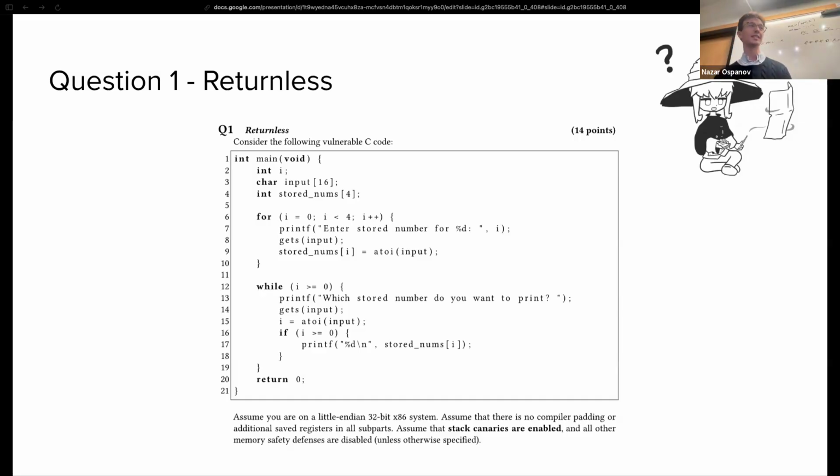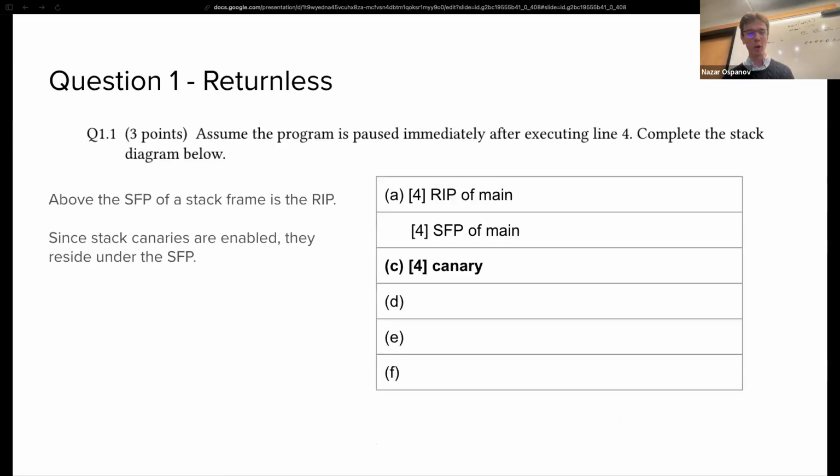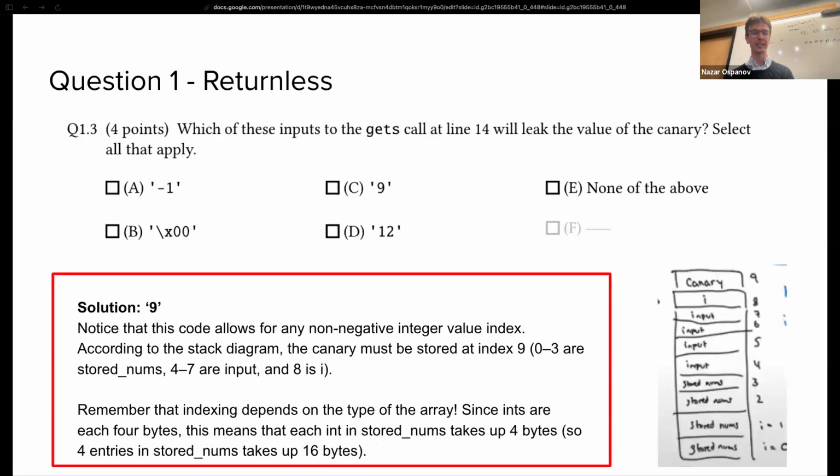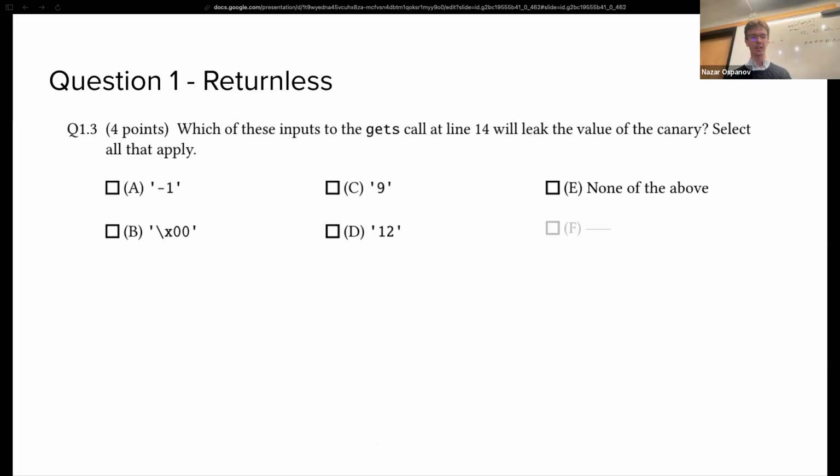All right, so time's up. Does anybody want to attempt what input to line 14 causes the leak of the value of the canary?